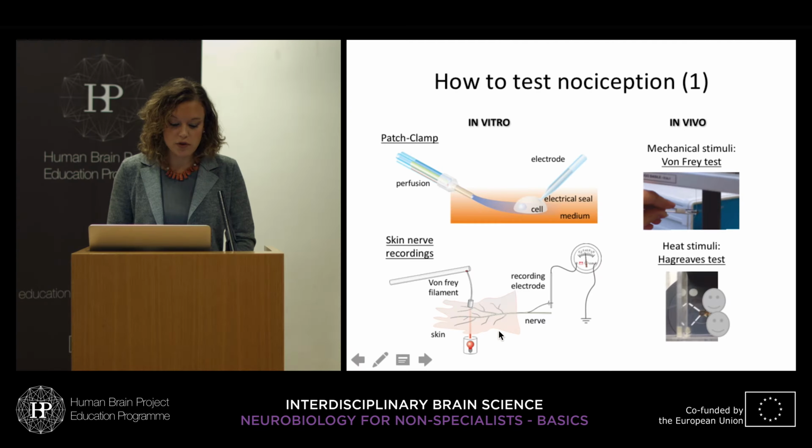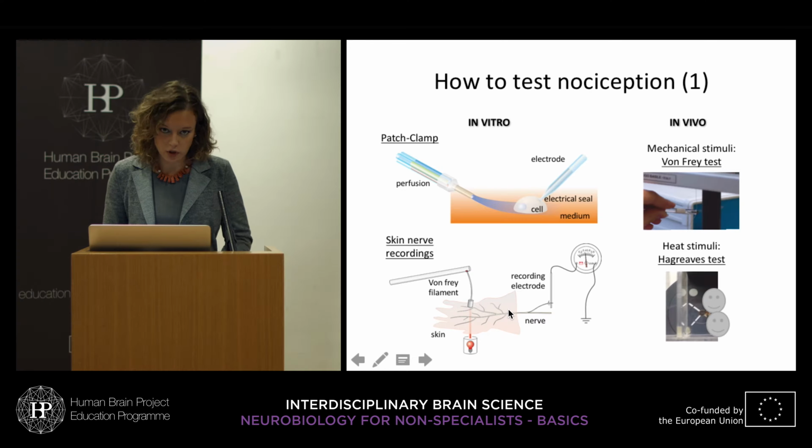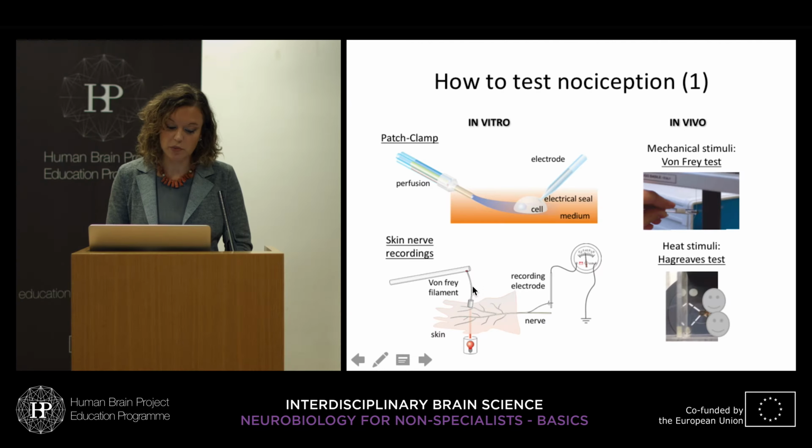For example, you can also understand which type of fibers are involved, A beta, A delta, or C fibers. You can do skin nerve recordings and understand the conduction velocity upon stimuli, for example, mechanical stimuli with a von Frey filament. And you can record this electric signal and distinguish between different fibers.